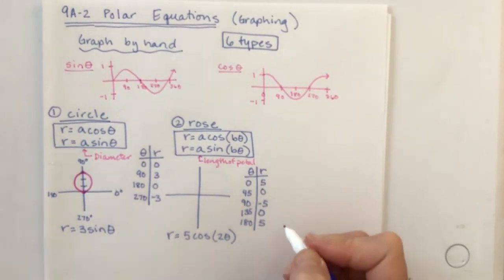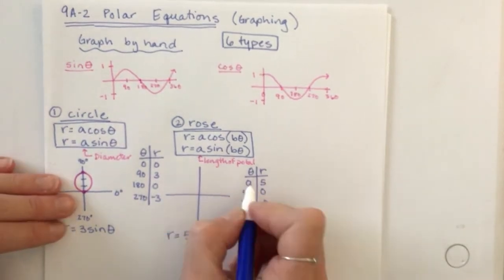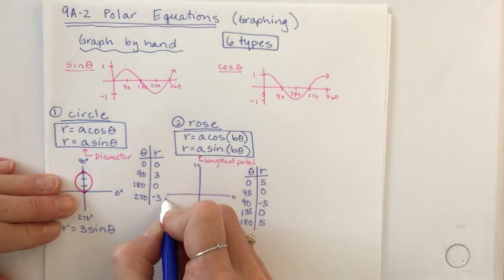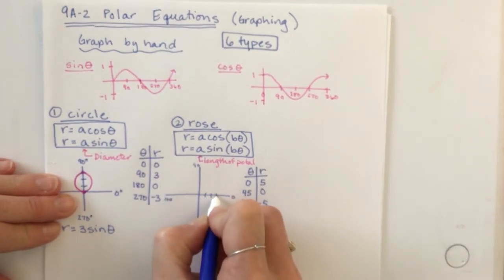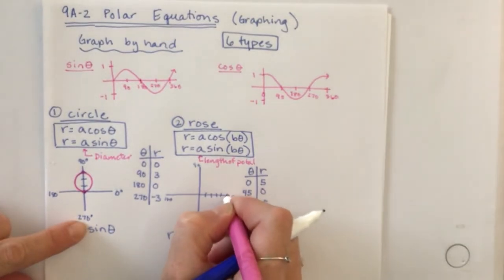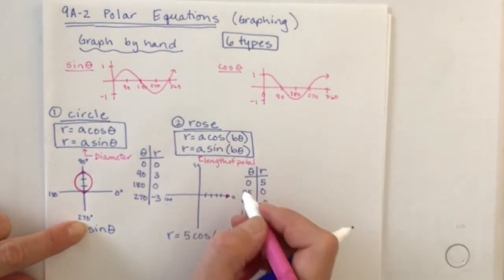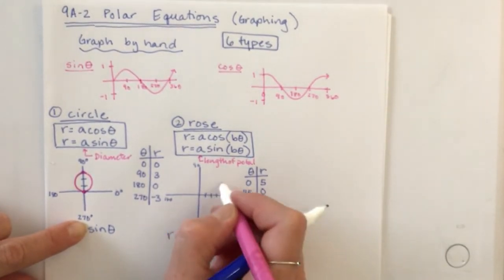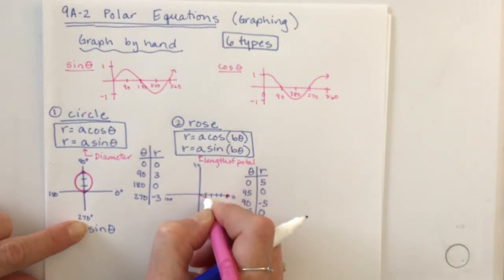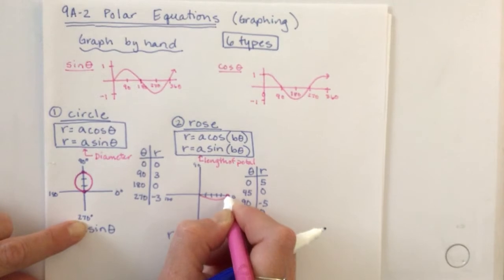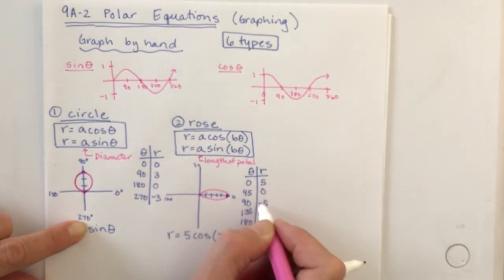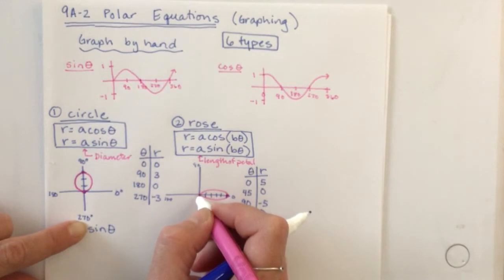Okay, so let's see what this looks like. We're going to go 0. Remember, this is 0, 90, 180. Okay, 1, 2, 3, 4, 5, and we're going to put a dot. Then at 45, we're back at 0, so it comes out and then comes back at 0 at 45. And then at 90, we're at negative 5.